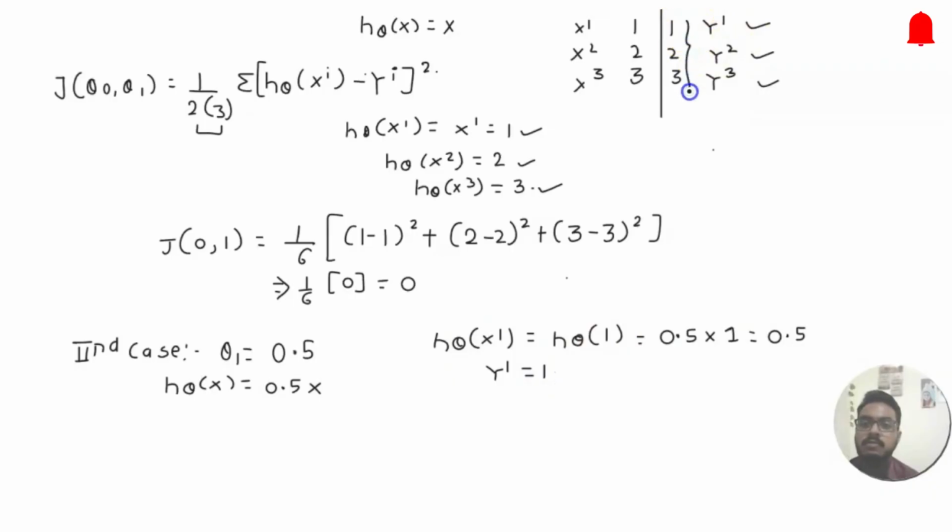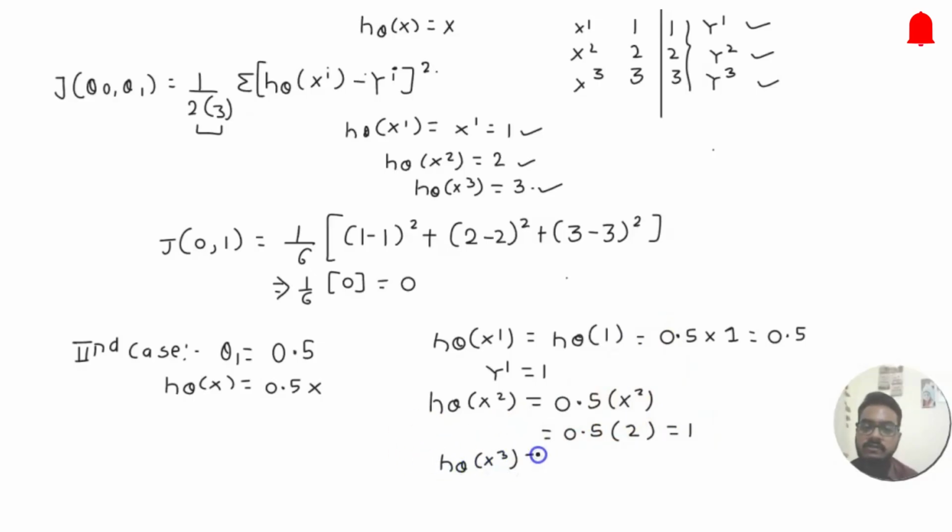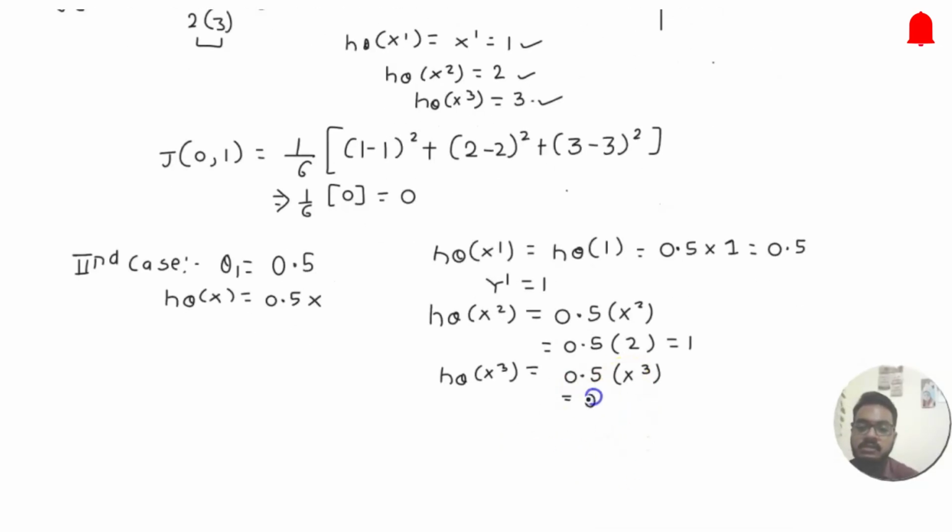Now, h theta of x2 will be 0.5 times x2, and x2 is 2. So, we get h theta of x2 as 1. Similarly, h theta of x3 is 0.5 times x3, and x3 is 3. So, 0.5 times 3 comes out to be 1.5.